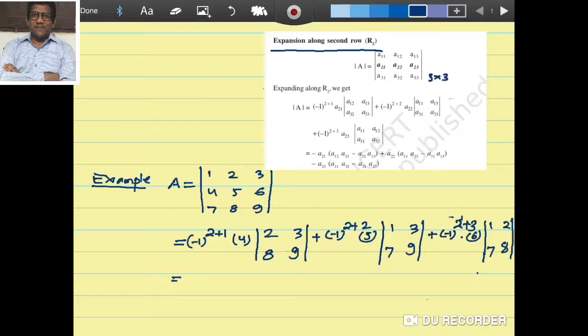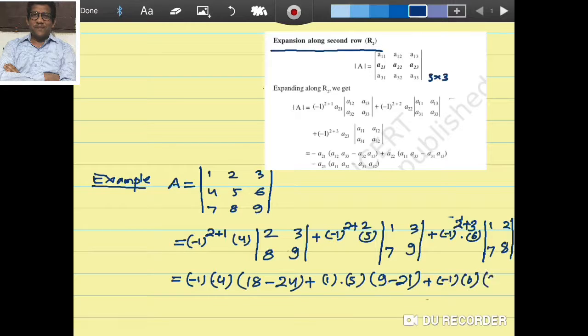We get minus 1 into 4 into 18 minus 24 plus 1 into 5 into 9 minus 21 plus minus 1 into 6 into 8 minus 14 is equal to minus 4 into minus 6 plus 5 into minus 12 plus minus 6 into minus 6.